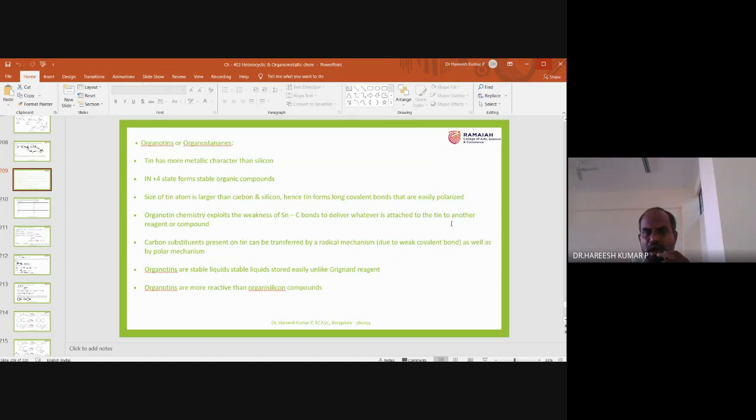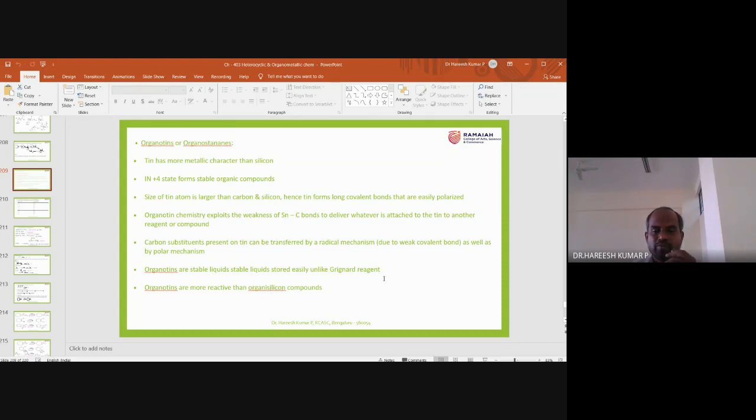Organotins are stable liquids, stored easily, unlike Grignard reagents. Grignard reagents are moisture sensitive, so storage is difficult. Okay, why? Because if we allow air to pass, air itself contains moisture, and then the Grignard reagent destroys itself.